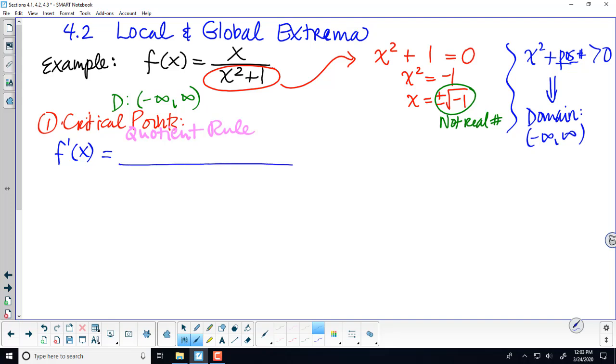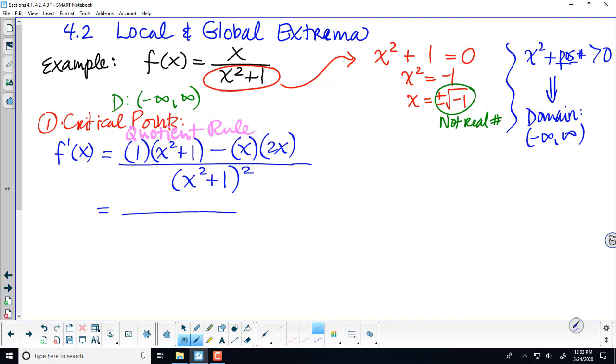Quotient rule says derivative of the top, which is derivative of x, is 1, times the bottom, minus the top times the derivative of the bottom, all over the bottom function squared. Okay? Now, in the good old days, we didn't have to simplify, but we really need to simplify now because we have to see what makes it equal to 0.